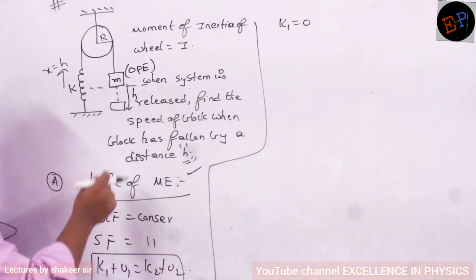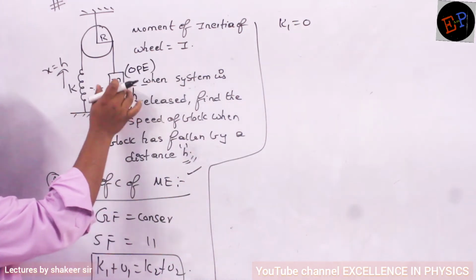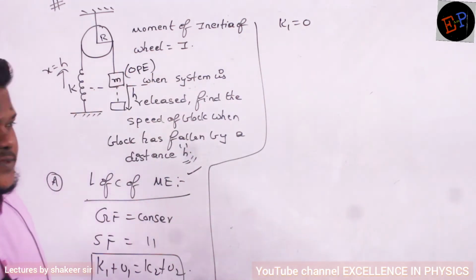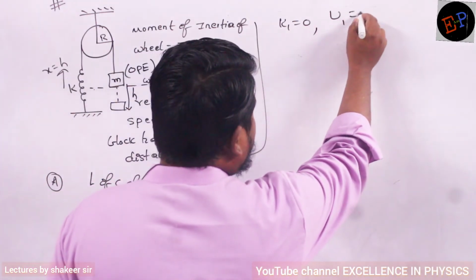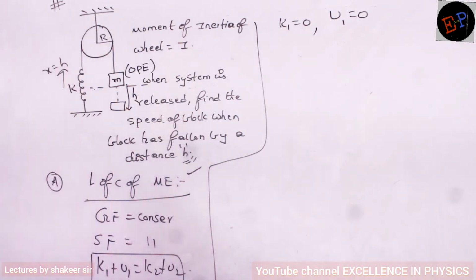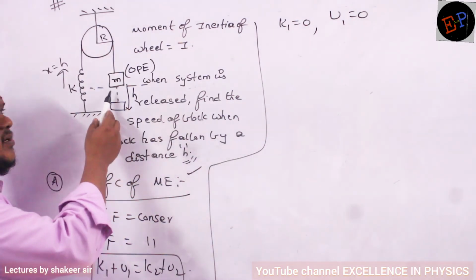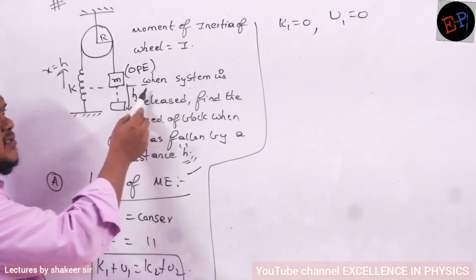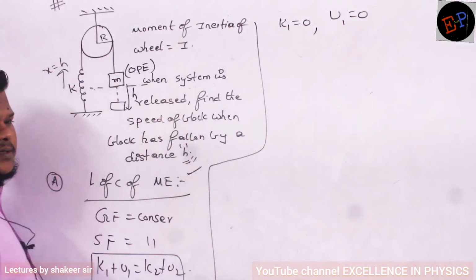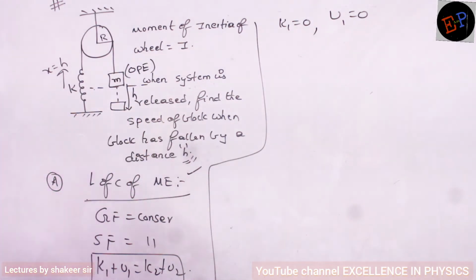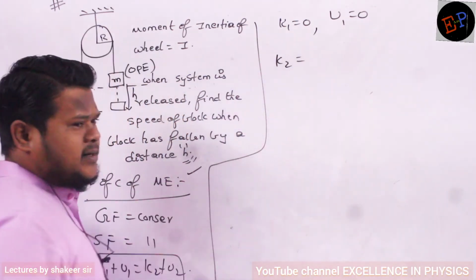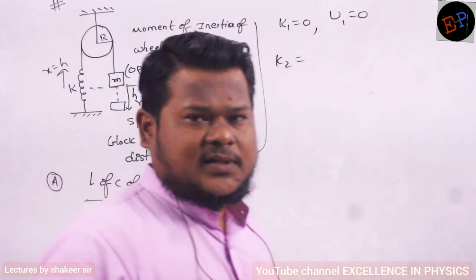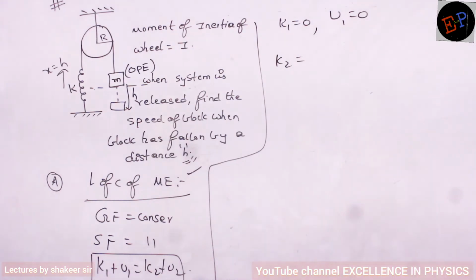Initial position of the mass only I am taking as zero potential energy reference. So initial potential energy is how much? U1 is also 0, because potential energy always depends on the reference. So this is the reference which I am taking. So definitely initial potential energy is also 0. So K2, what is K2? Final kinetic energy. Now can you say how much will be the final kinetic energy?